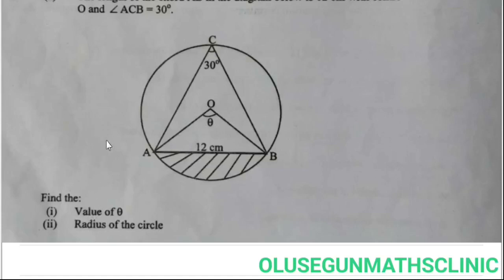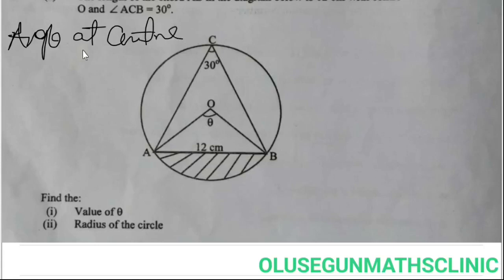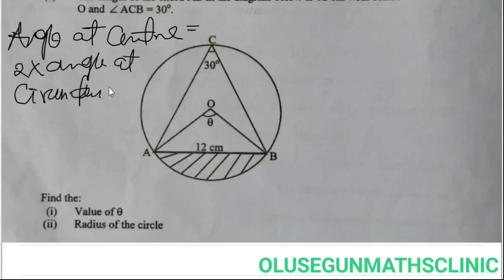In finding the value of theta, you recall that angle at center is equal to 2 times angle at circumference.